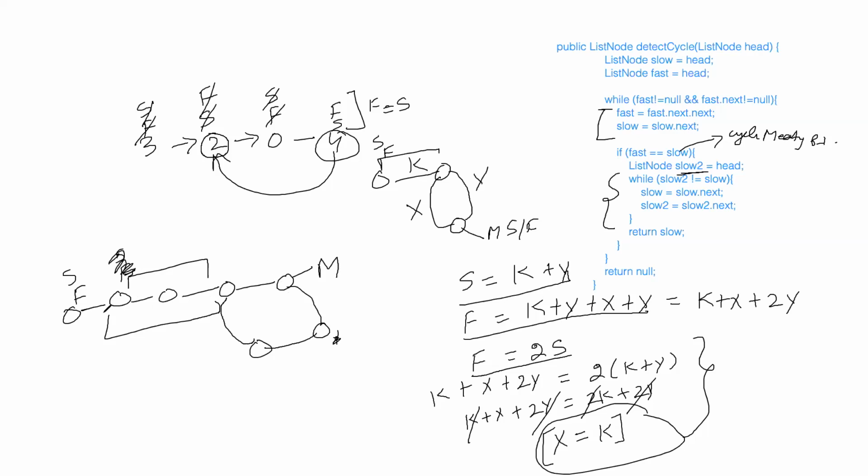Okay, so we can try it out. If you see here, I added a node here. What I've seen is that the meeting point, where the fast and slow meet when it rotates, will go one step back if more nodes are getting added.